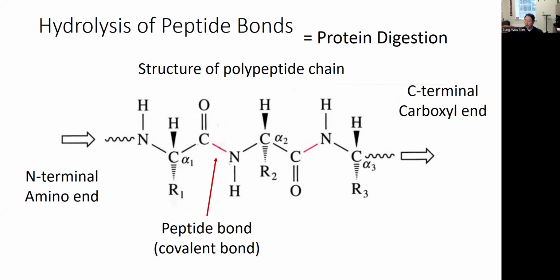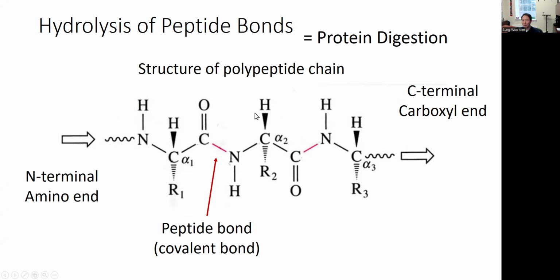So when we say digestion of protein, this is the process of cleaving the specific bond between amino acids, because protein is a sequence of amino acids, made of amino acids connected together. This connection, the bond, is called the peptide bond. Okay? So protein is made of many amino acids connected by peptide bonds, and protein digestion is the action of hydrolyzing the peptide bonds.